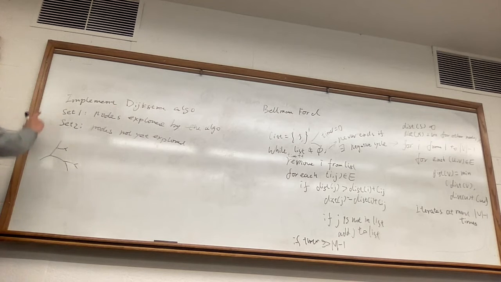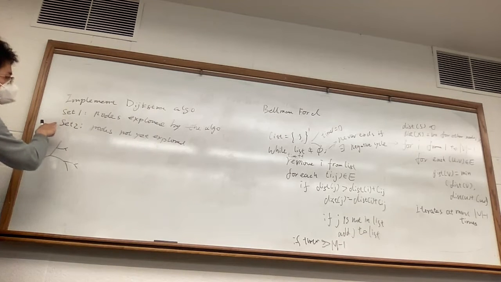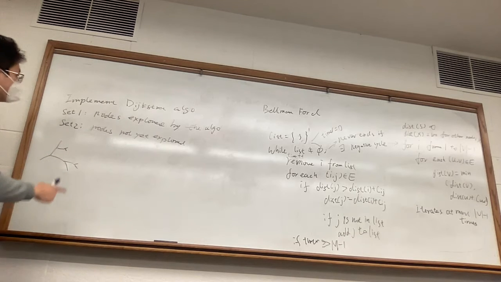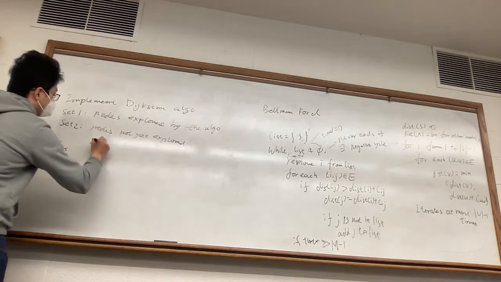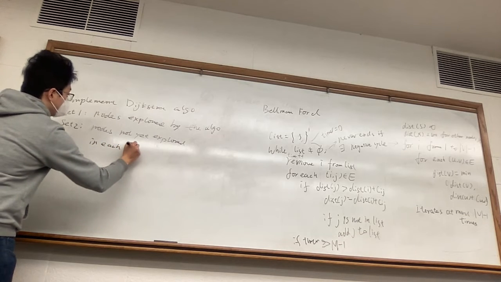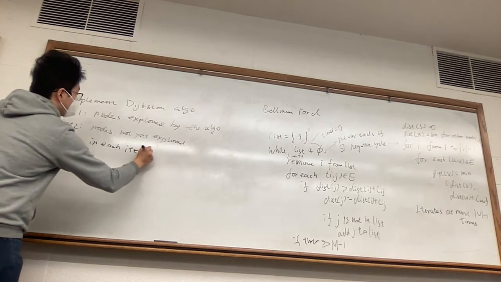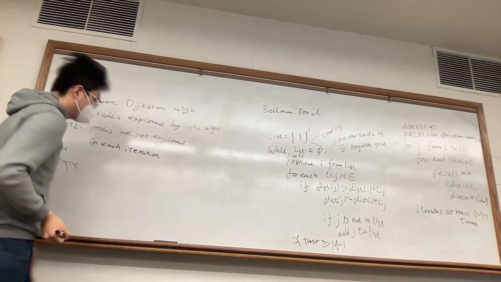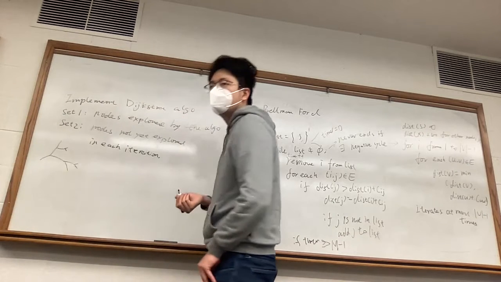And so you have set 1, which is the set of nodes that have been explored, and set 2 is the nodes not yet explored. And in each iteration, what do you need to do?